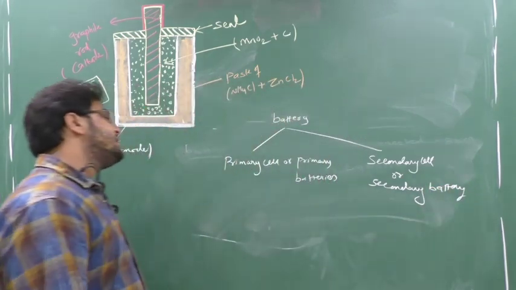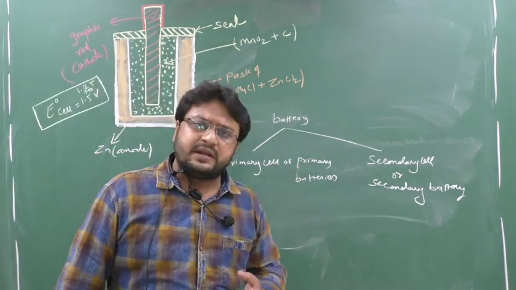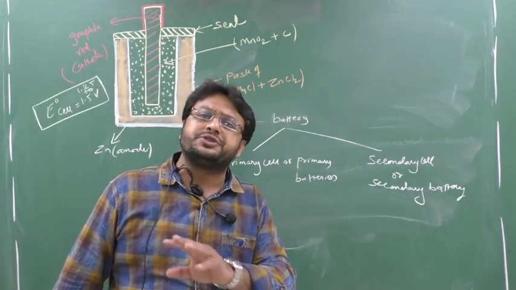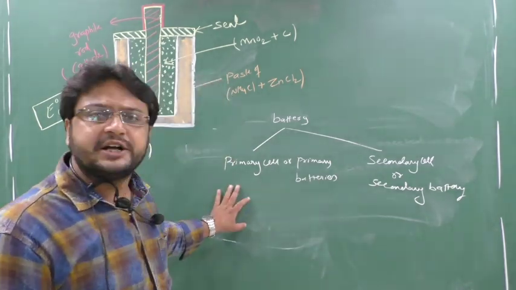What is the basic difference between these two? Very simple. Primary batteries or primary cells are ones which cannot be recharged. Once they get exhausted, you throw them away. So they cannot be recharged back.